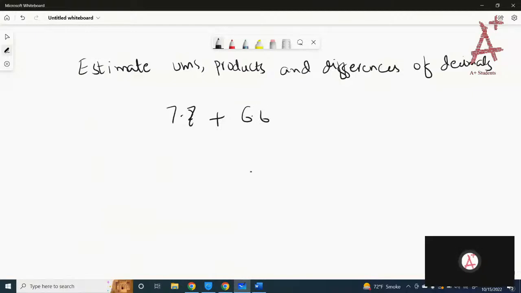Just look at the number after the decimal, it is 7. 7 is greater than 5. That means you have to round up. Round up means just add 1 to the whole number. So 7 plus 1 is 8. Got it? Now here you have 6.6. 6 is greater than 5. That means again you have to round up. So it would be 8 plus 7, and 8 plus 7 is 15. Got it?